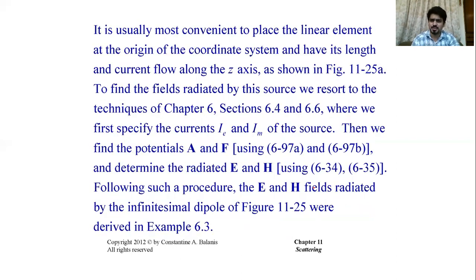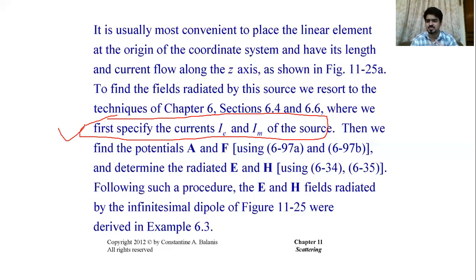So based on our line source or whatever radiator, we will have some current sources, let's say I_e or I_m, whether it's an electric current source or a magnetic current source. First of all, we will specify those current sources.